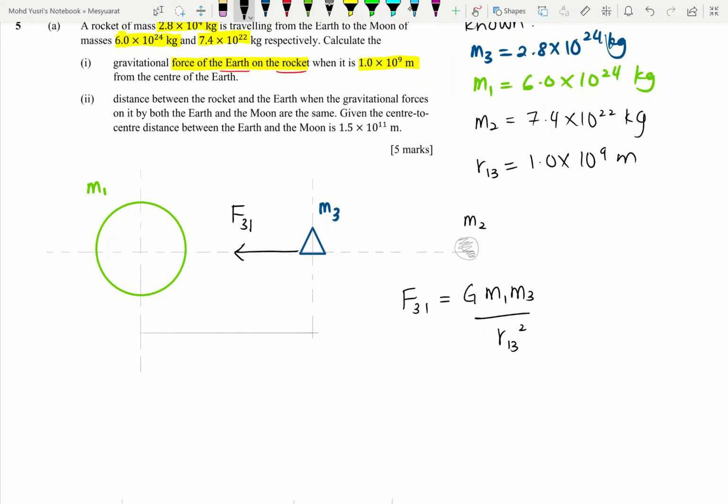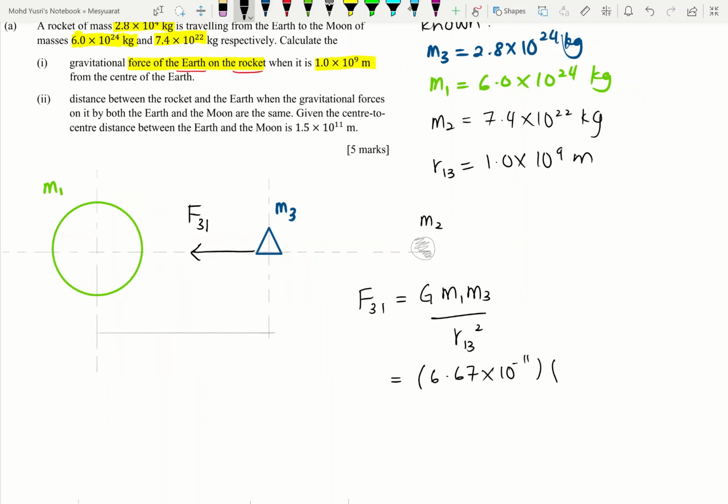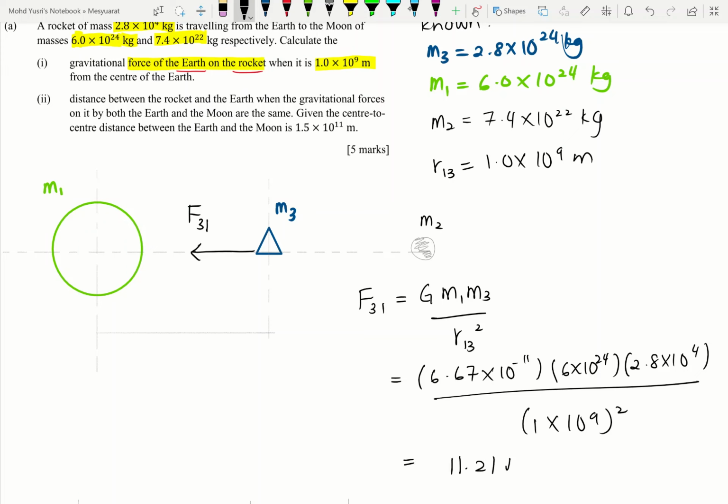So we substitute all the value. G is a constant of 6.67 exponent negative 11 times 6 exponent 24 times 2.8 exponent 4 over 1 exponent 9 square is equals to 11.21 Newton.